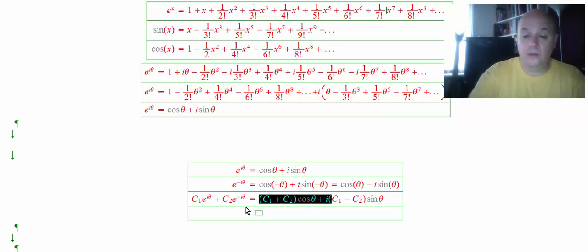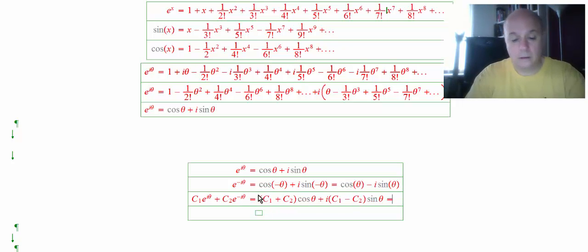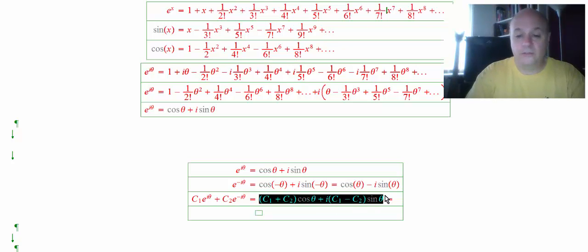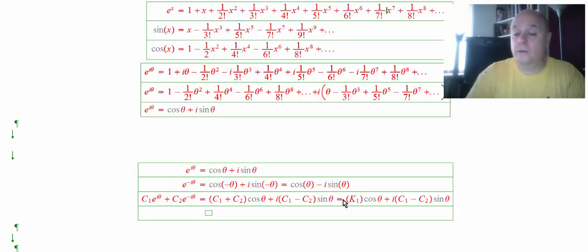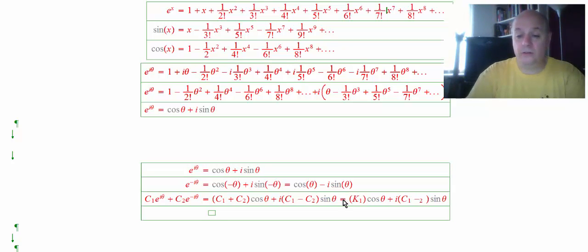Instead of calling it C1 and C2, I'm going to say C1 plus C2 is equal to a new constant that I'm calling K1, for lack of a better letter. And i times (C1 minus C2), I'm going to call that K2. So I'm just relabeling my constants.